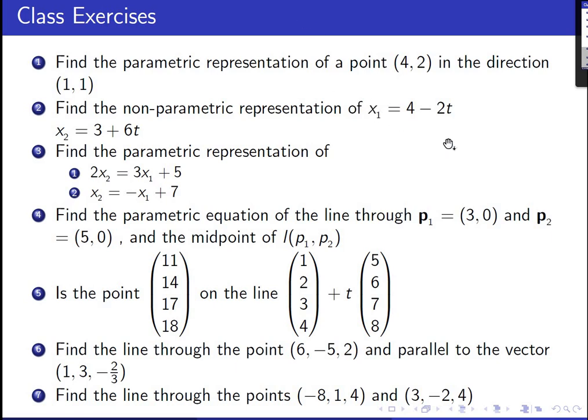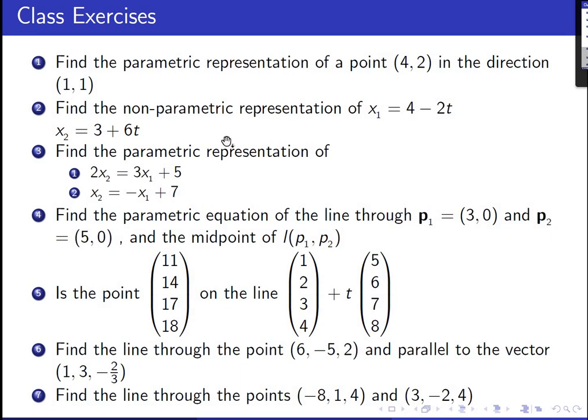We have the first component given as this, and the second component given as that equation. The non-parametric representation is simply the representation that you are used to, y equals mx plus c, which is the equation of a line as you know it from high school.